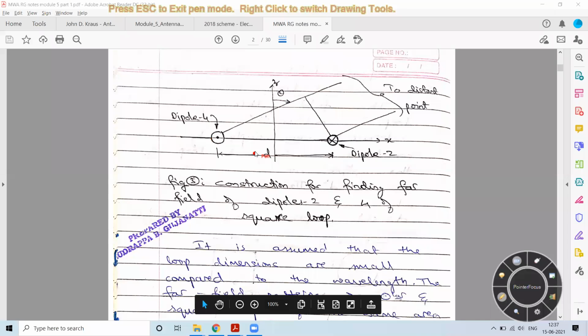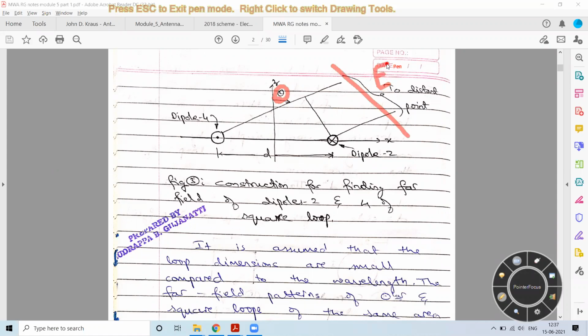Now, because of the orientation we have placed over there, we consider an angle theta and a distant point, and estimate the total field.